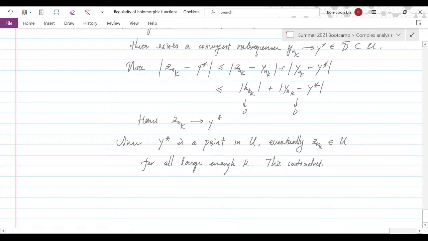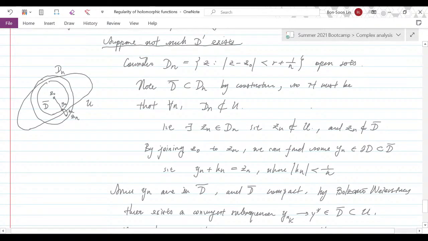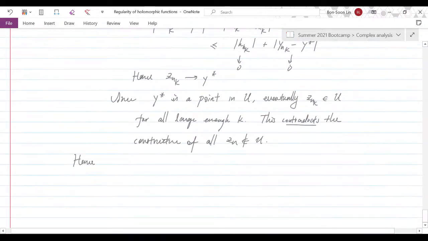This contradicts the construction of all Zn that is not in U. So, what does that mean? That means there is, in fact, an open disk of this form, Dn.